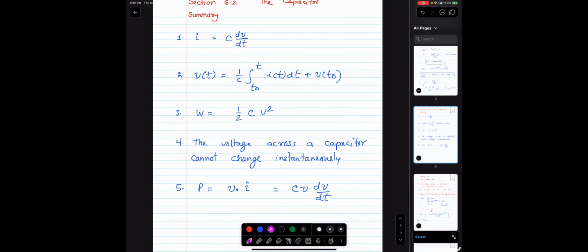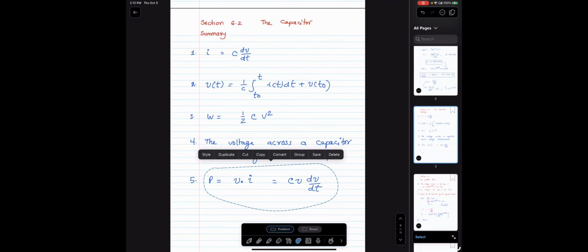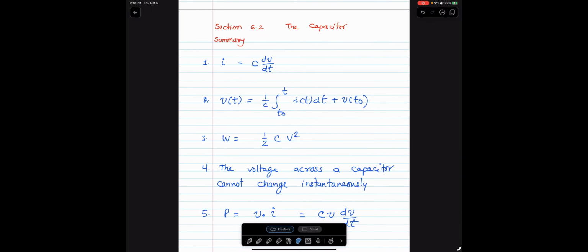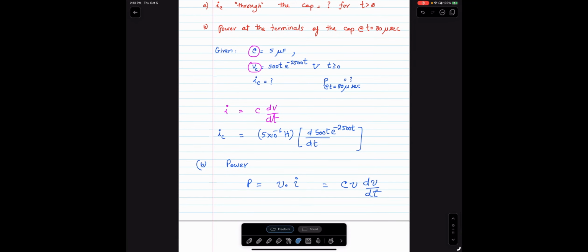Okay, when we were summarizing the idea of capacitances, I said you can multiply voltage and current, or you can do C V dV by dt. So we can use that as well, C V dV by dt, because V is given.